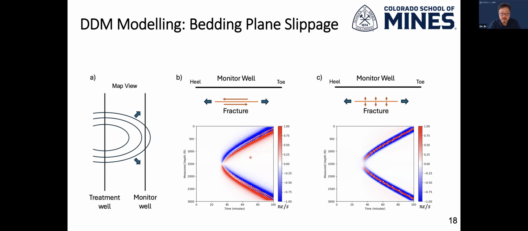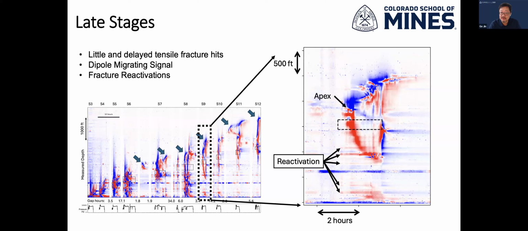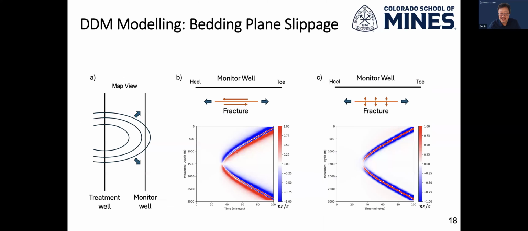The reason we're seeing a reversed polarity in the field is because you have to add a shear component to create this polarity flip. Okay, so we narrow down the hypothesis. It needs to be a fracture parallel to the horizontal monitor well, and it has to have a strong shear motion.